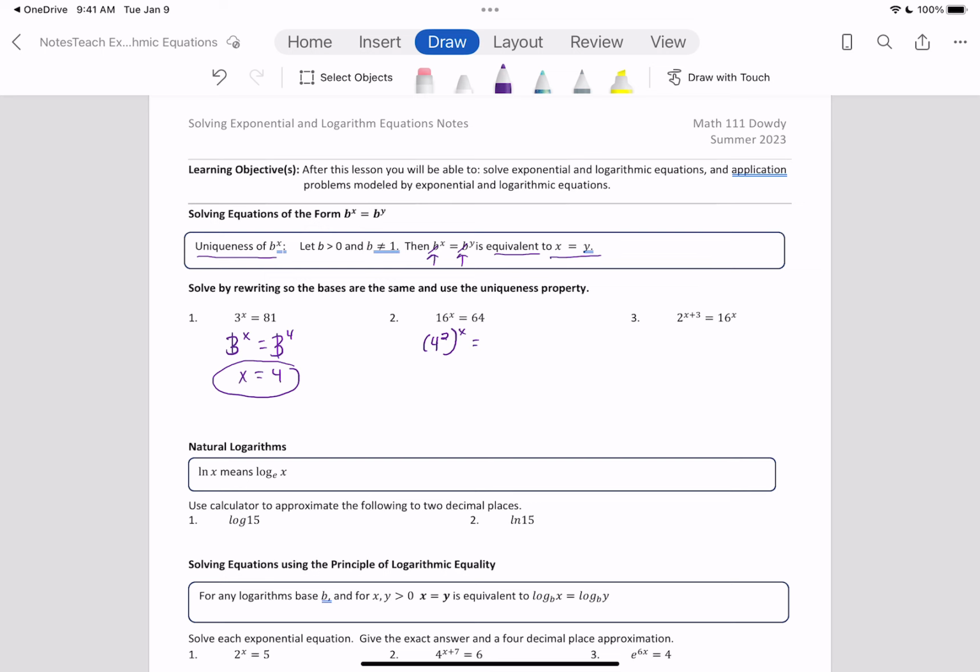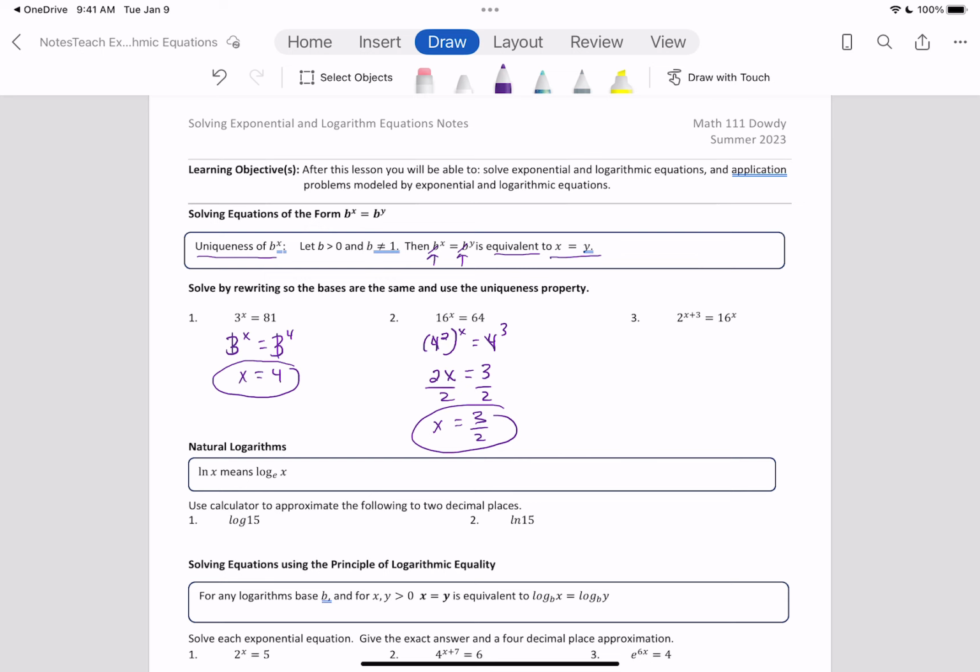And then 64 is 4 to the 3rd. Now we have those common bases of 4. So we can take the exponents 2 times x and set that equal to 3. Divide both sides by 2, and we get x equal to 3/2.